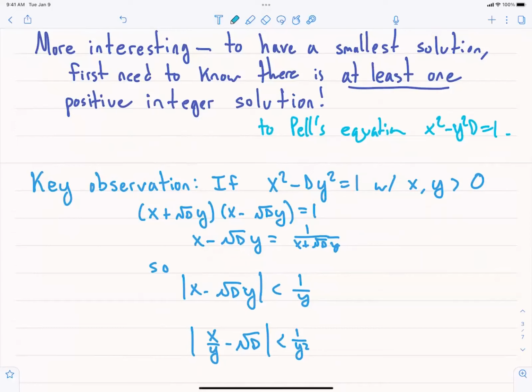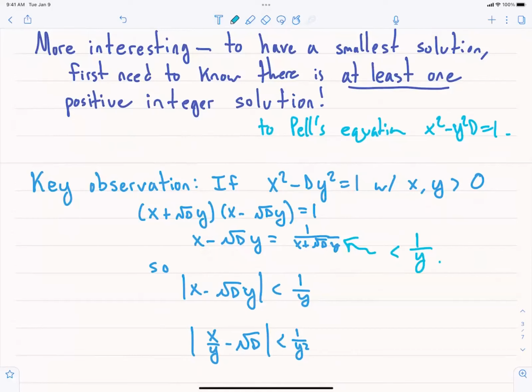Okay, so if I take the absolute value, if I ask how big these numbers are, this tells you that this number on the left is pretty small. Because, x and y are both positive numbers, square root of d is a positive number, so this is less than, let's say, 1 over y, just to get an estimate.